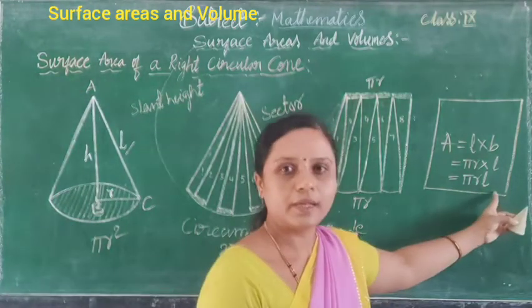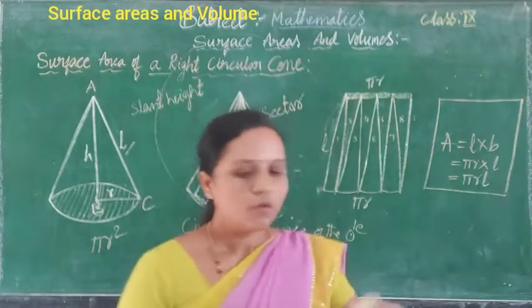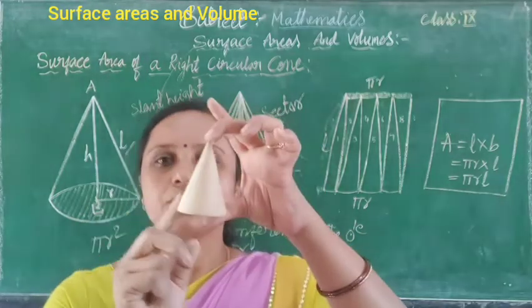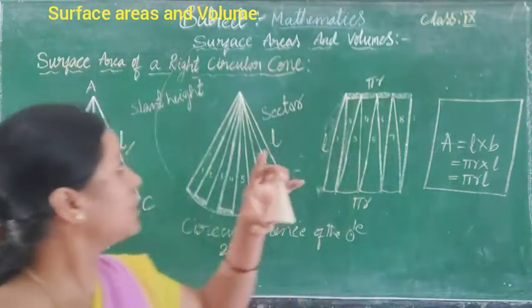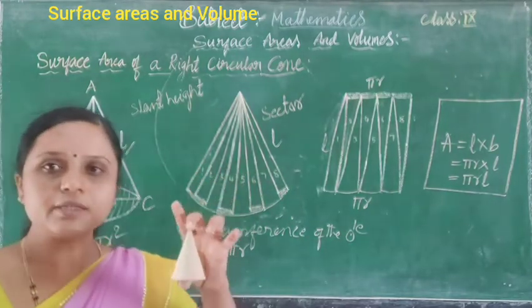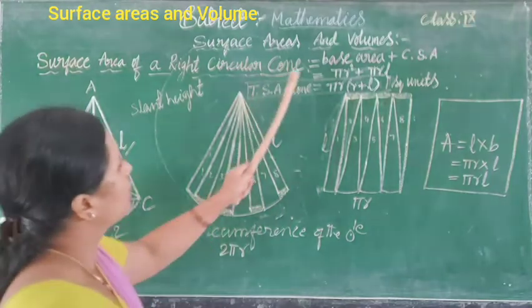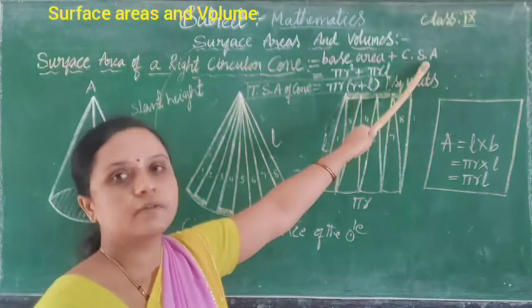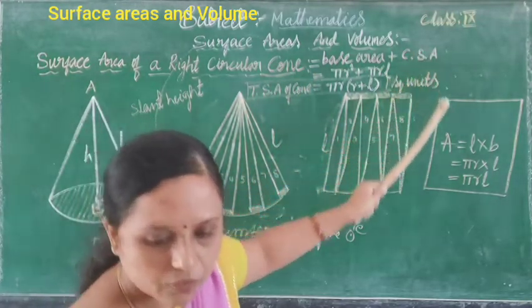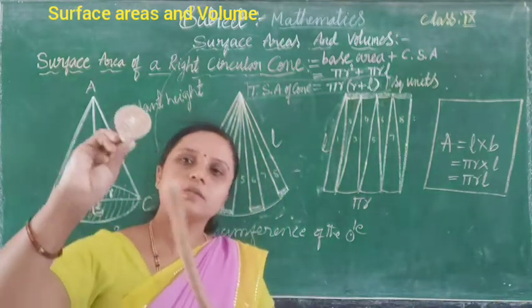Pi r L. Now, what is the total surface area of this cone? The total surface area of the cone is base area plus curved surface area. Okay, so we can see this one. This is the base area.